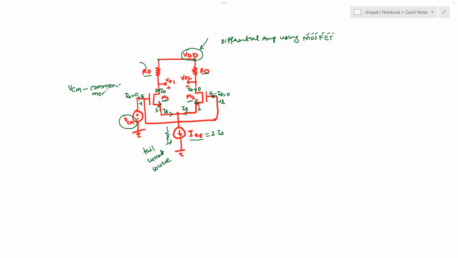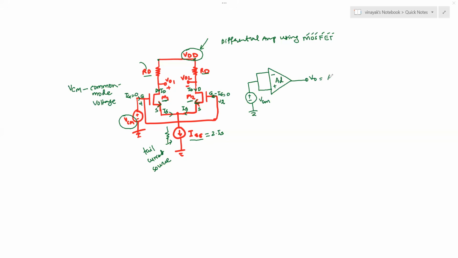Now, essentially it is a difference amplifier. So the advantage of applying a common mode voltage to a differential amplifier is that this is your VCM here, and this is your differential gain.